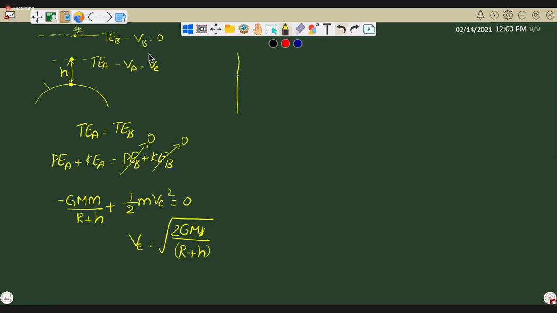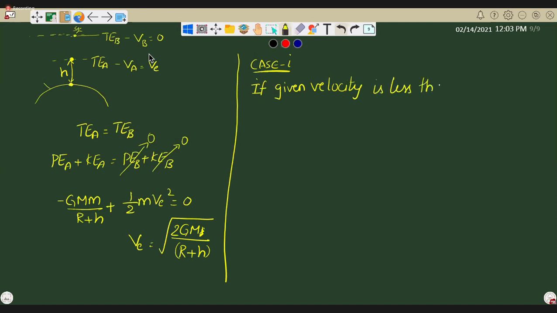In this escape velocity, we have case 1. If the given velocity is less than the escape velocity, what happens?